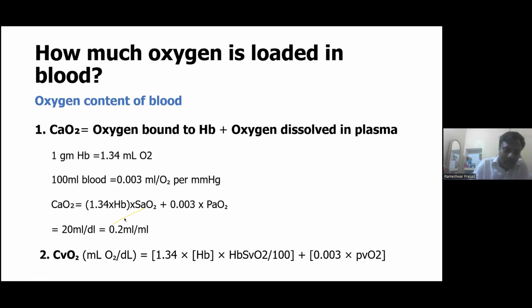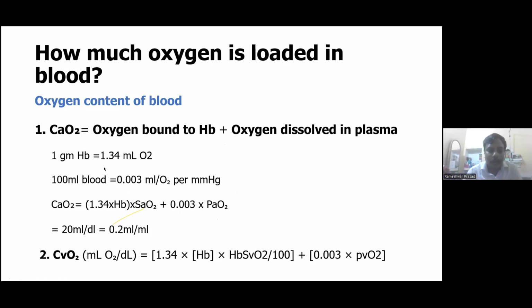Has anyone calculated this and arrived at this result? Most of them have calculated, some of them have tried. Okay, some got 19.71, 19.70, 18. I think those who are close to 20 are correct.